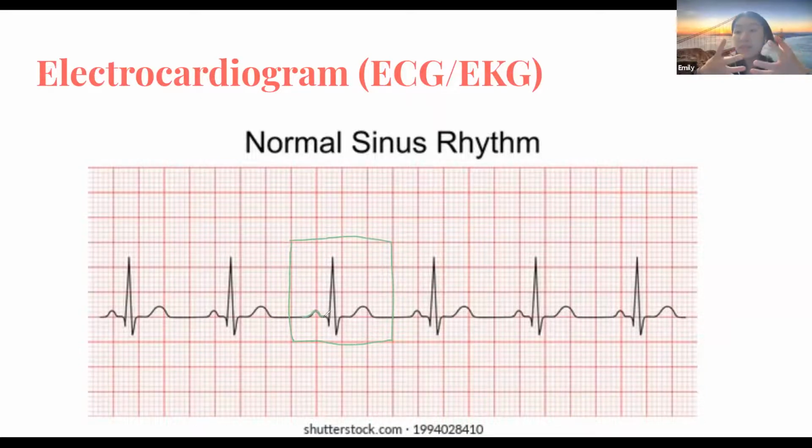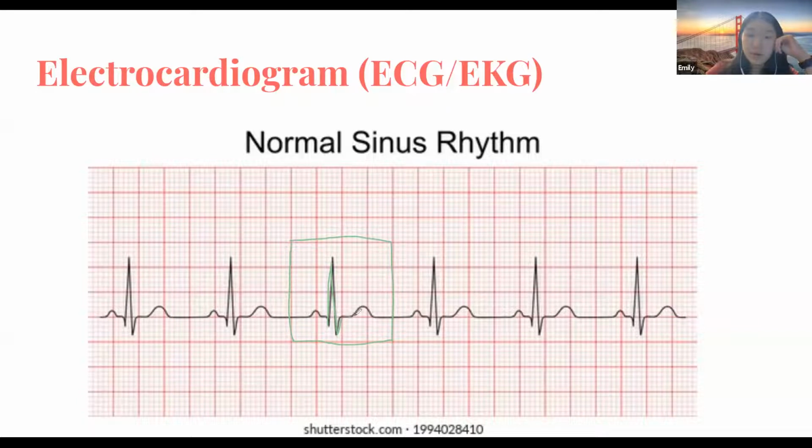And then you have your gigantic ventricles contracting. They're very strong and powerful and need a larger electrical signal. You see this huge spike that is going to be your ventricular contraction. So the bottom part of your heart contracting is represented by this big spike. So in a heartbeat, you have the top contracting first and then the bottom contracting in very quick succession.